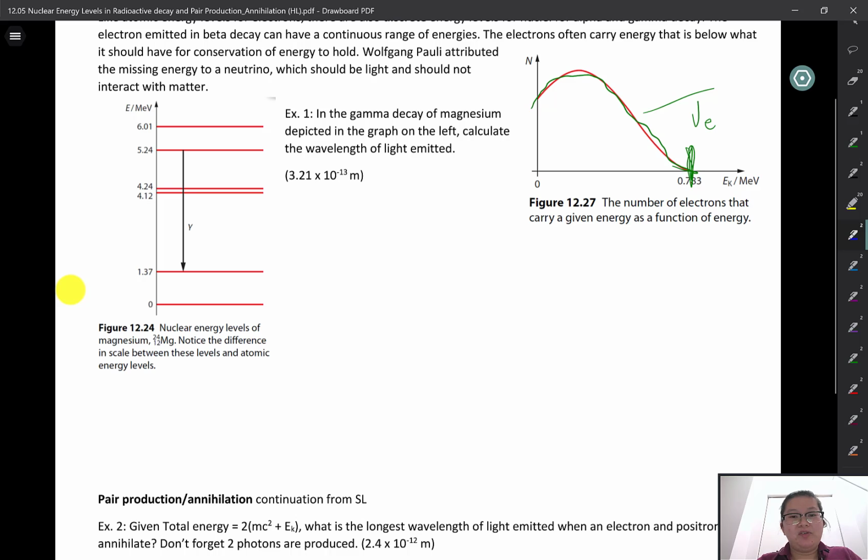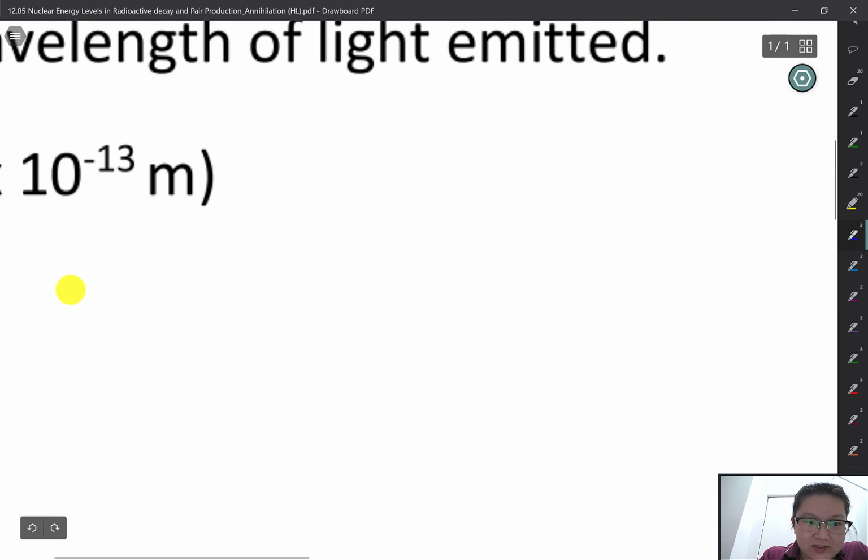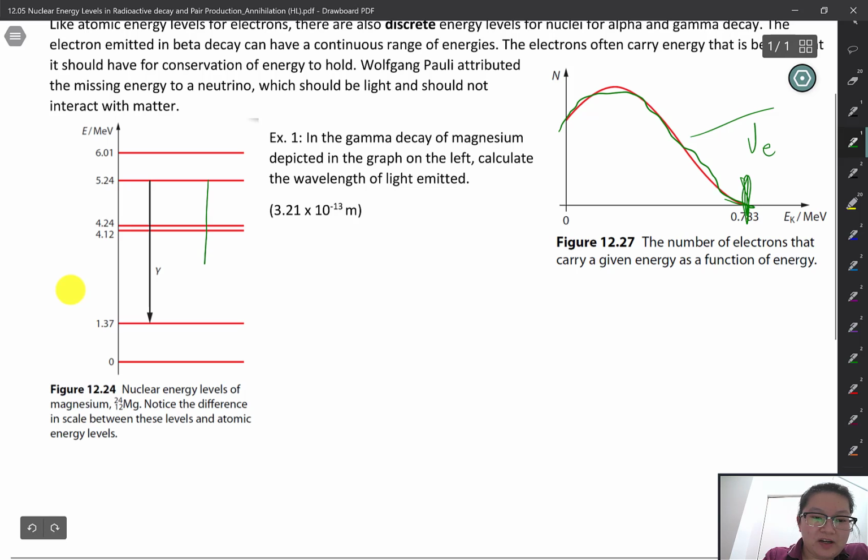So in this example, the gamma decay of magnesium is depicted on the graph on the left. So we're going to use this graph to figure out the wavelength of light emitted. So with a drop of energy from 5.24, don't forget this is mega electron volts, so reading that very carefully, down to 1.37 mega electron volts.